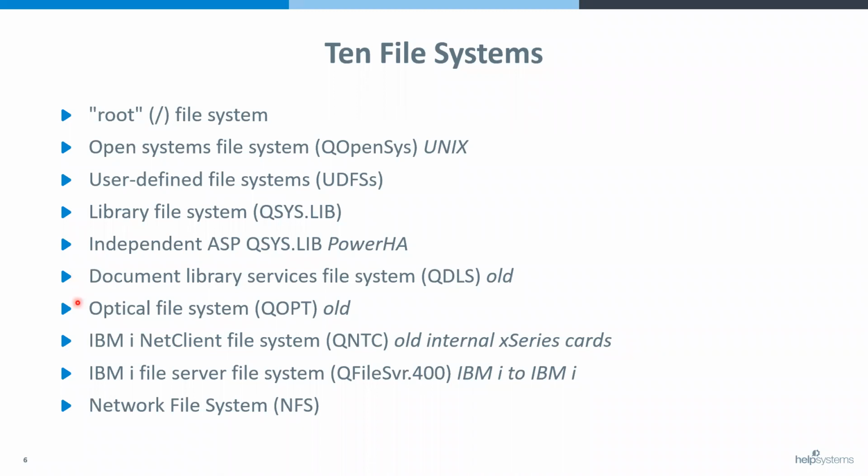The optical file system, again, an old technology. The iSeries card technology in Power 5 or Power 6 hardware boxes, but those things have been obsoleted over time. The interesting and little known technology for connecting the IFS between 2 IBM i systems through QFileSvr.400, and finally, there is the network file system.